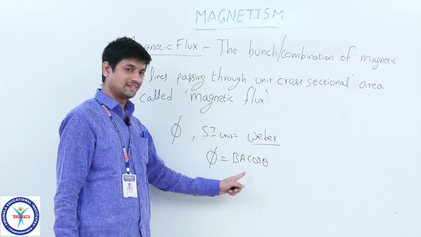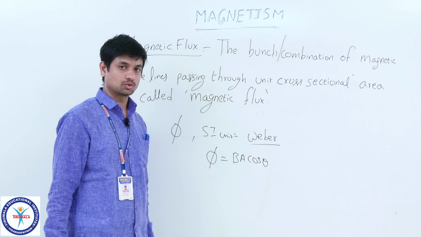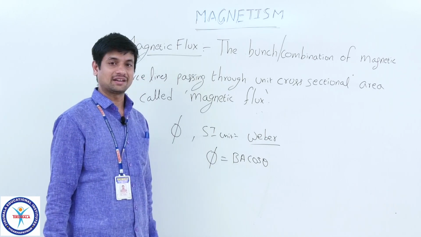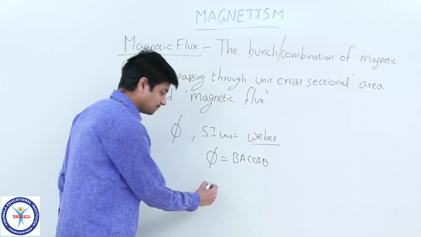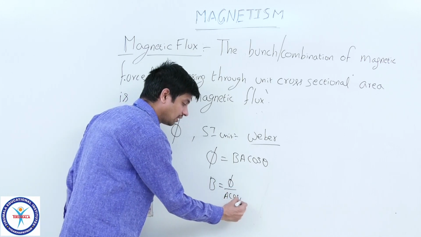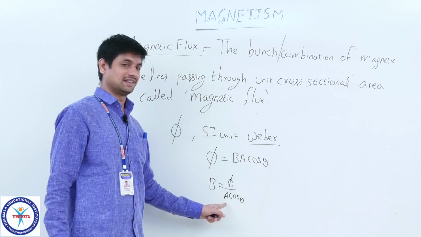What is B, what is A, and why we should take this trigonometric ratio can be understood when you need to know the magnetic flux density, that means B. Actually B equal to phi by A cos theta. How many flux lines are passing per unit area?